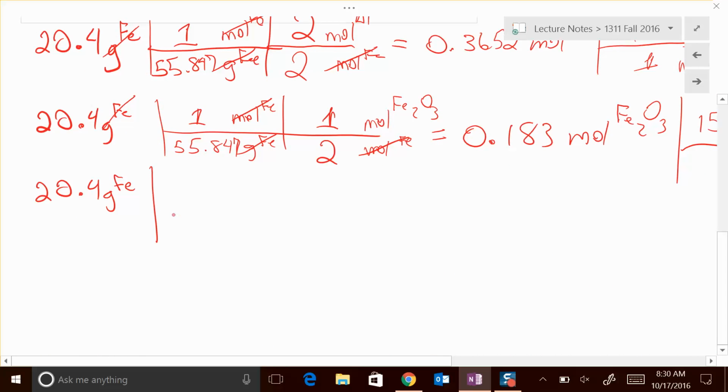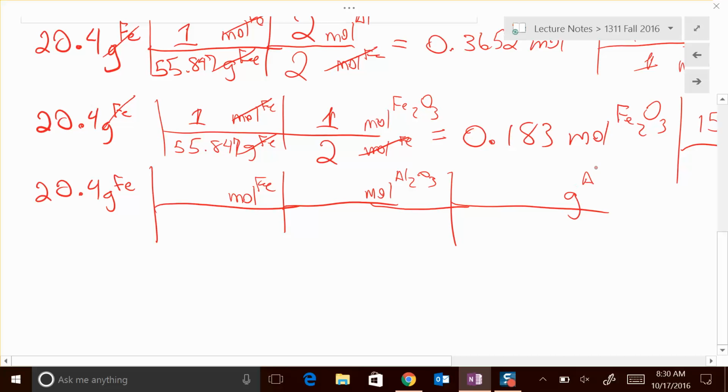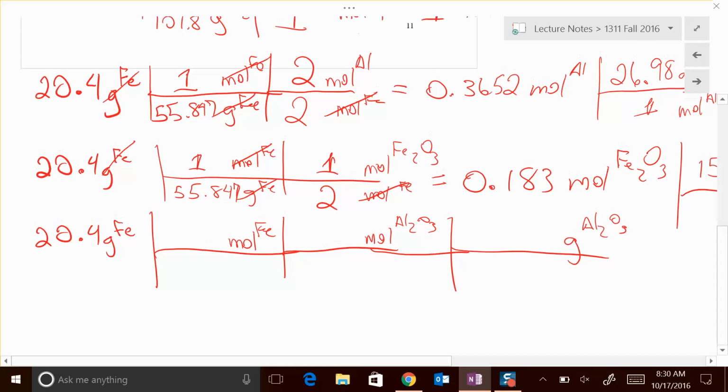So we're going to go from the grams of iron to the moles of iron to the moles of Al2O3 to the grams of Al2O3. Whatever that comes out to be, that's how much is going to react. And then I subtract it from the amount I have, which is 50.8.